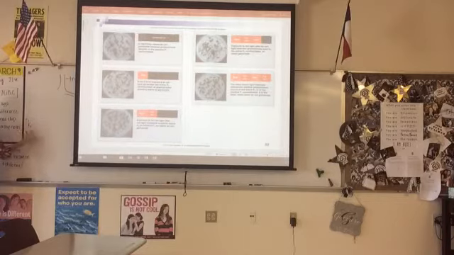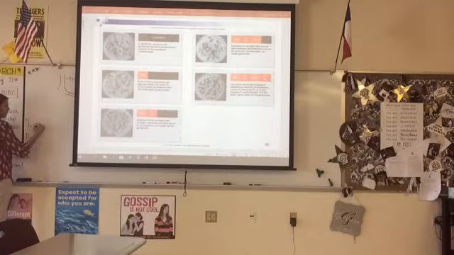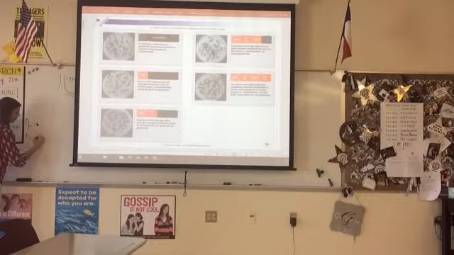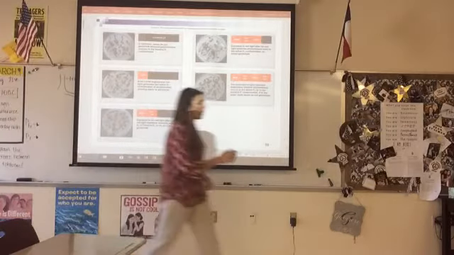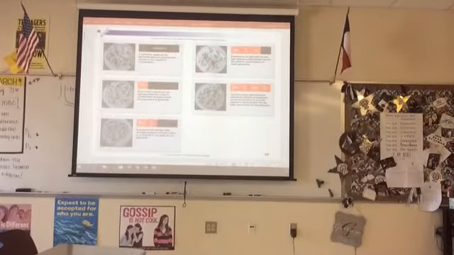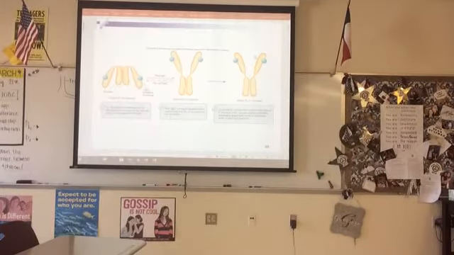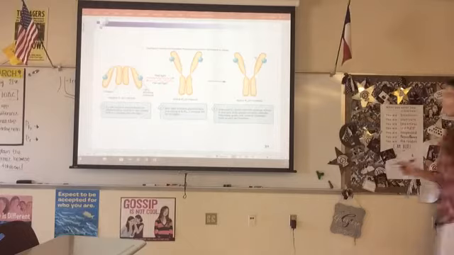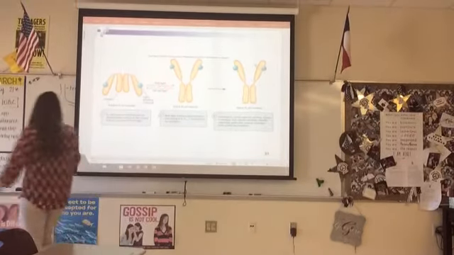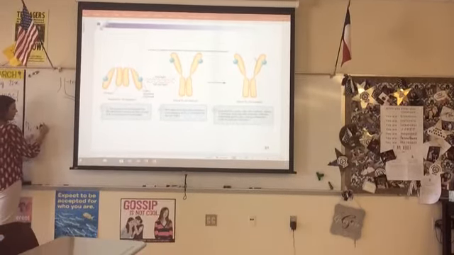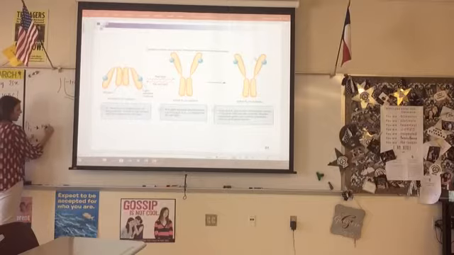So phytochrome far red versus phytochrome red. Let me go back to this drawing so you can see where individuals get confused. Phytochrome far red is turned on by red light.